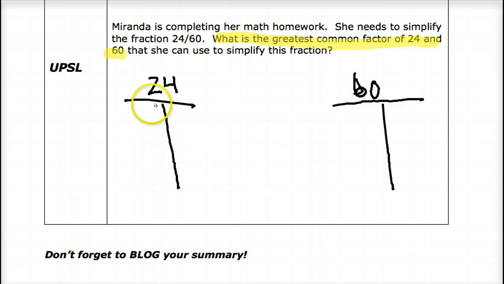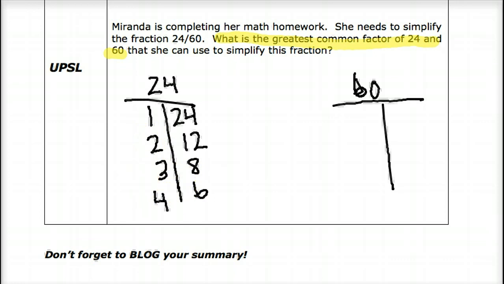So for the number 24, we start out with 1 times the number itself. We know that 2 times 12 is 24. We know that 3 times 8 is 24. And we know that 4 times 6 gives us 24. For the number 60, we have 1 times 60 is 60.